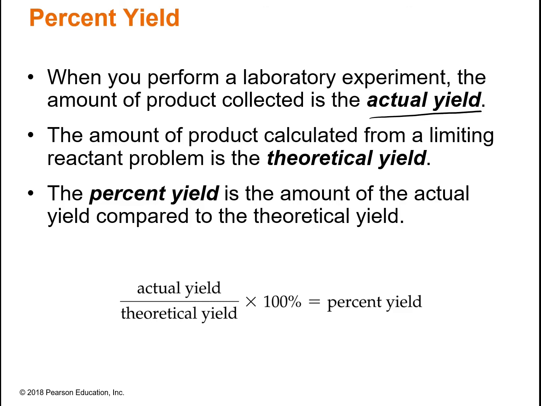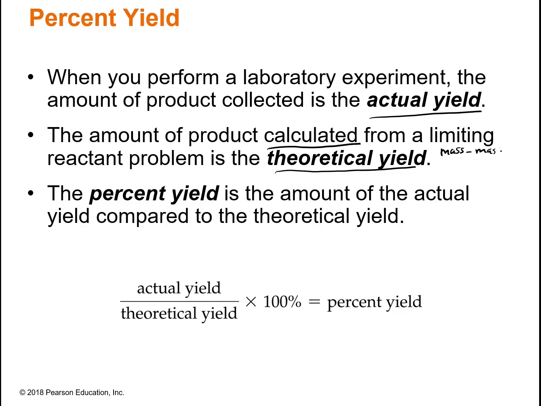Maybe one of the reactions that you're doing is not as efficient, so all of the reactant doesn't get converted to product. Needless to say, you're usually not going to make as much as you calculate that you should. The amount that you calculate, that's the problems that we've been doing. And that's called the theoretical yield.